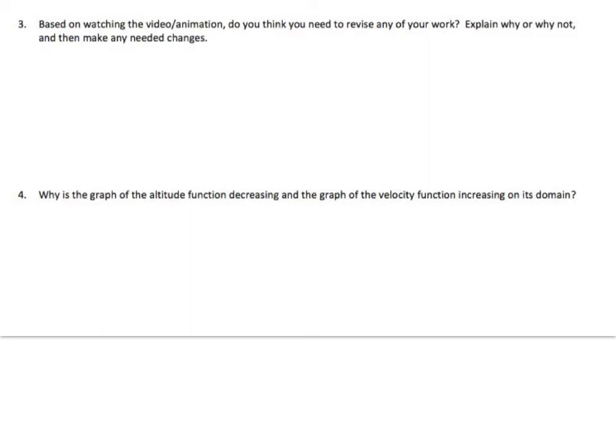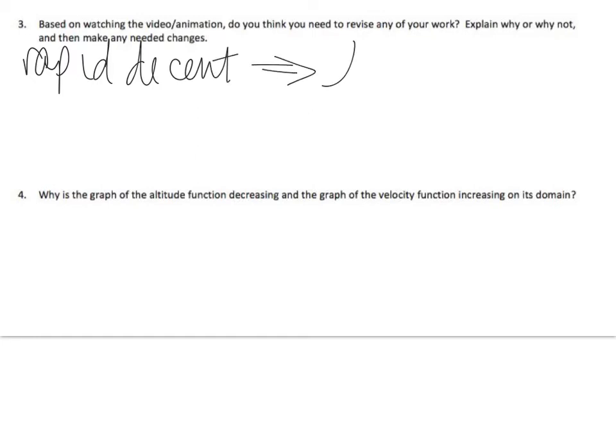It depends. When we talk about the rapid descent, that could be a separate graph. Rapid descent comes out very linear on our graphs, and I don't think it really is linear.